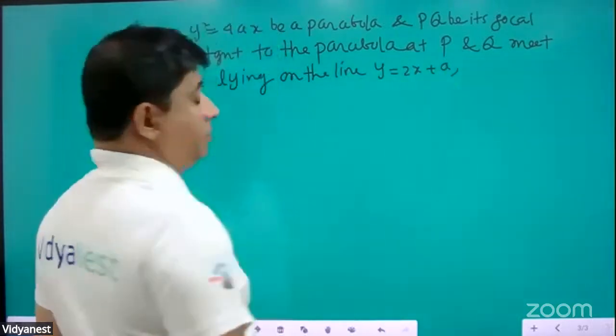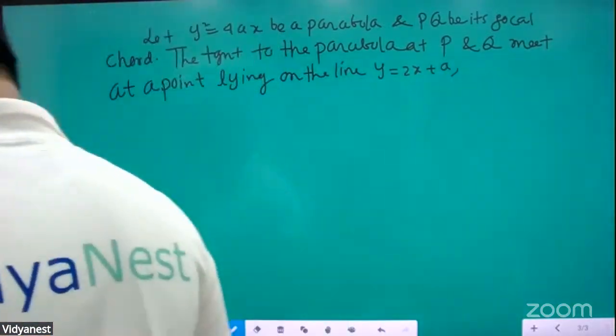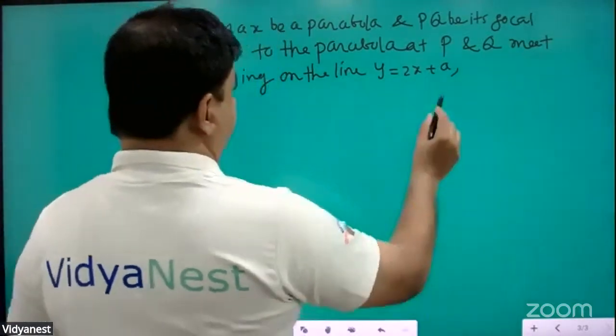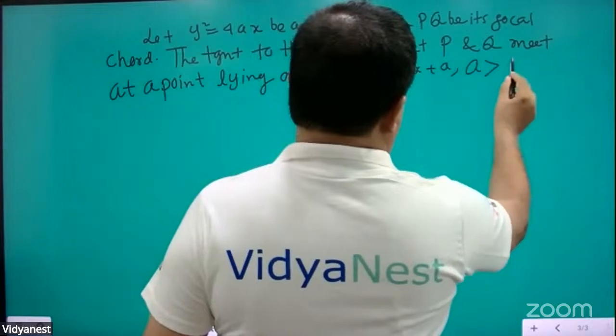lying on the line y is equal to 2x plus a, where a is greater than 0.